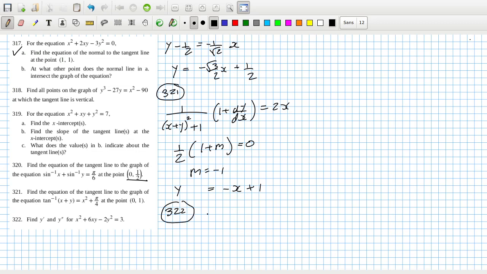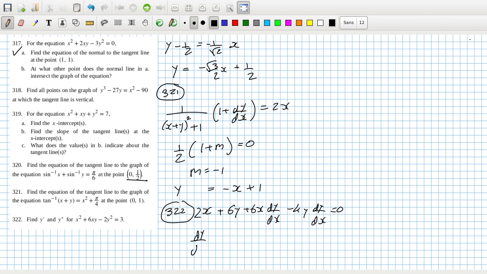Okay, and lastly, 322. It's going to be 2x plus 6y plus 6x dy/dx minus 4y dy/dx equals 0. So 2x plus 6y plus 6x dy/dx minus 4y dy/dx equals 0.